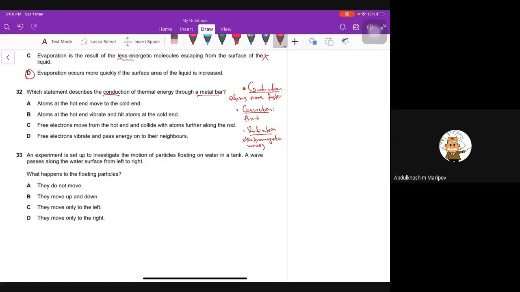All right, which statement describes the conduction of energy through a metal bar? Atoms at the hot end move to the cold end? No, that's not conduction. Atoms at the hot end vibrate and hit the atoms at the cold end?